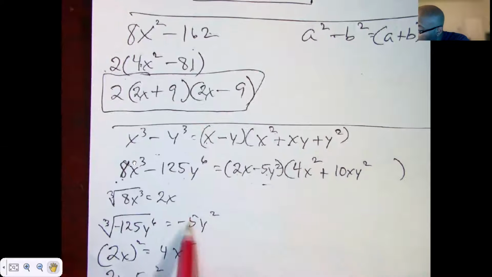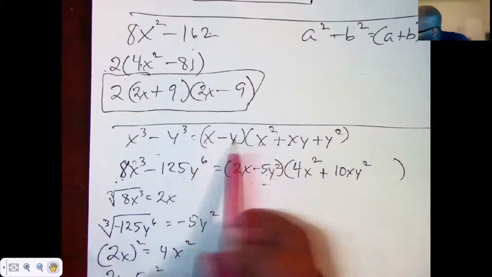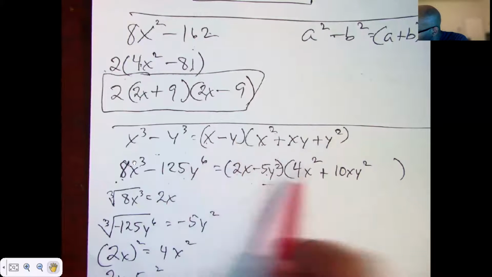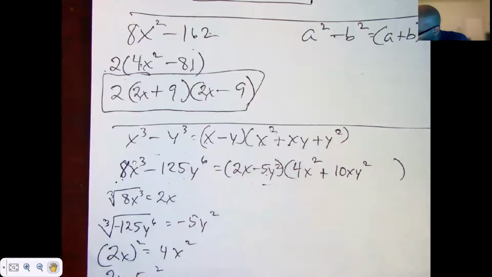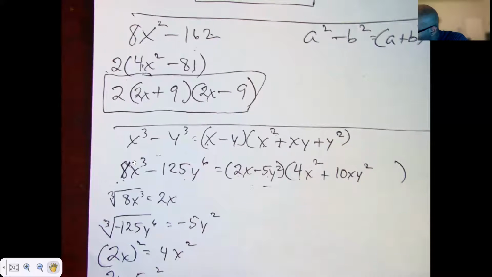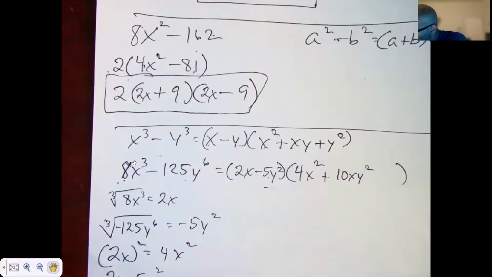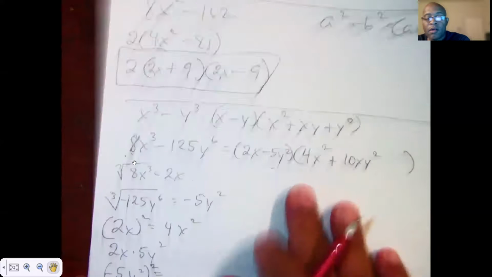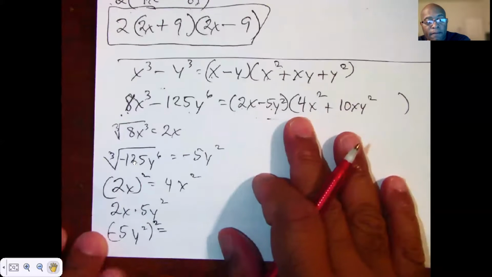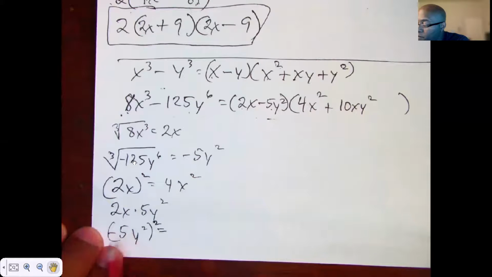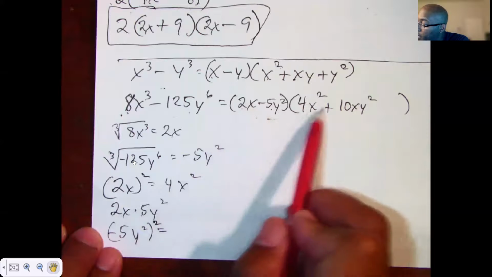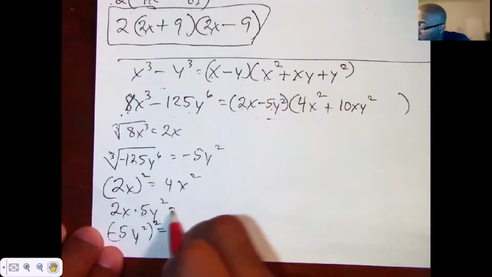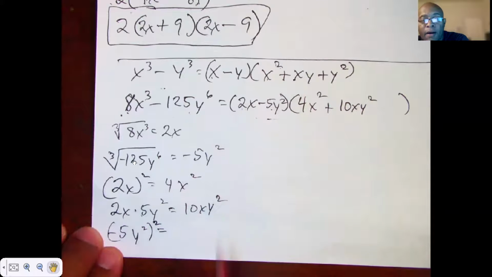Then this term, which is y to the second, taken to the second power. Sorry about that. That was these two multiplied, which is 10xy squared.